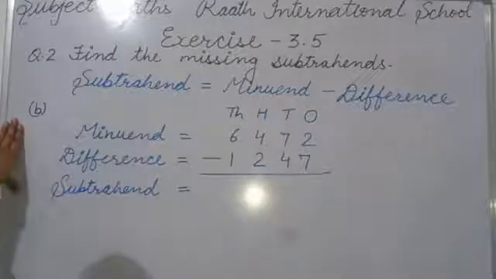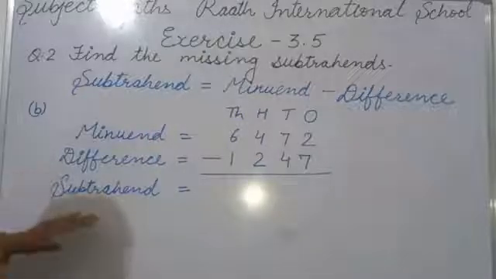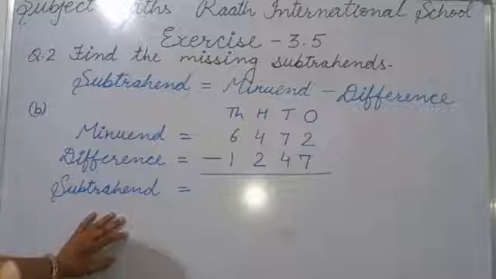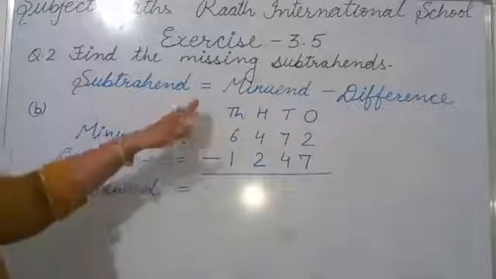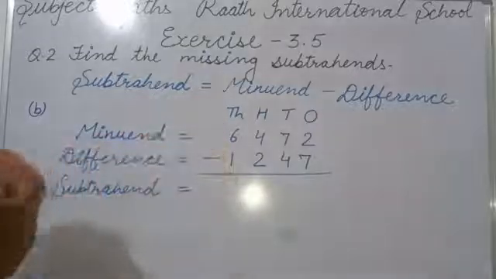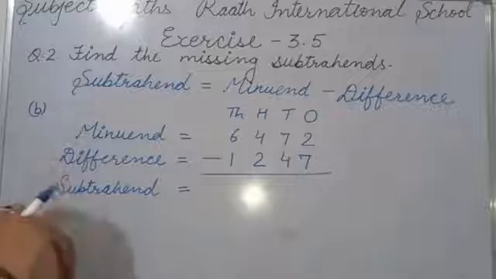In B part also the minuend and difference are given, and we have to find the subtrahend. In C also, in D also. In C and D we have till the 10,000 column, here we have till 1000. So in the same way you will do it. Okay, C and D you will do yourself.